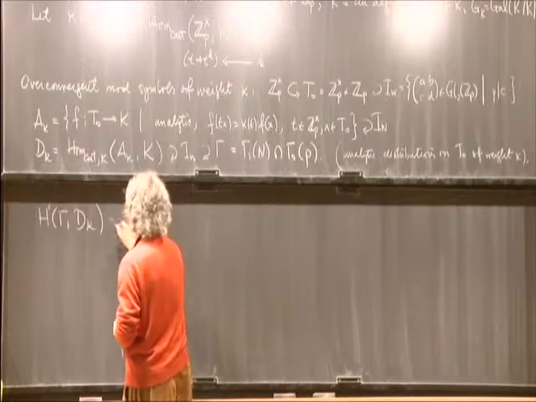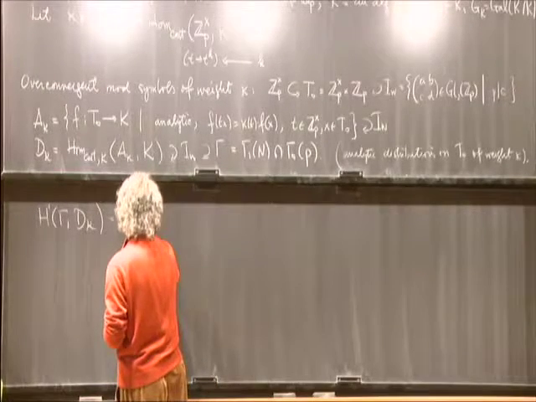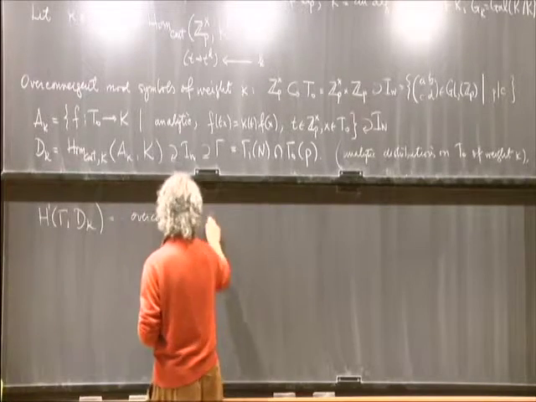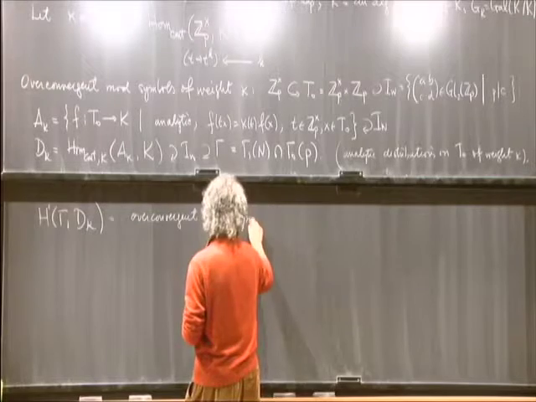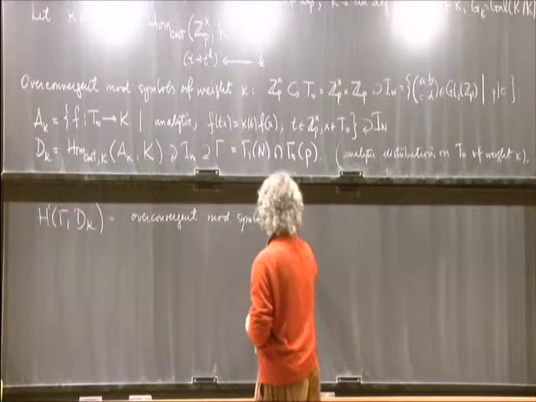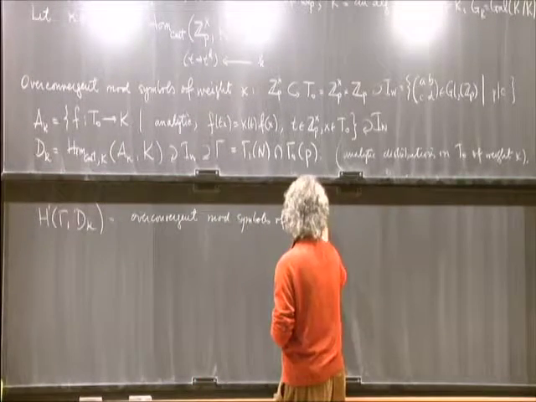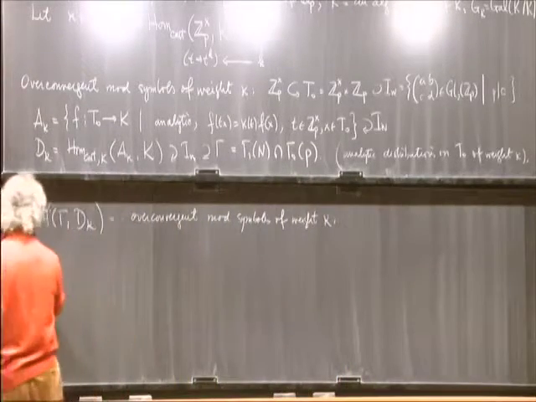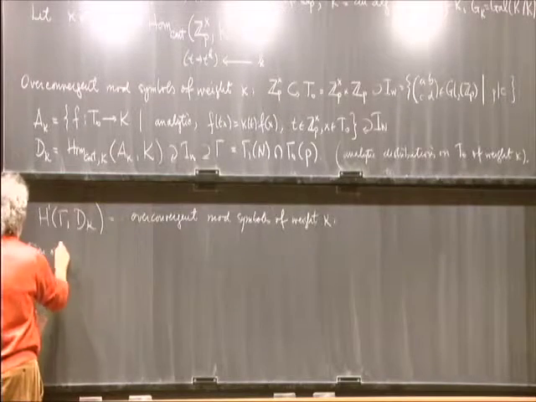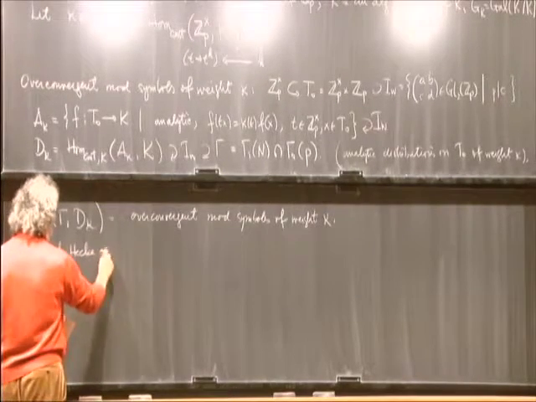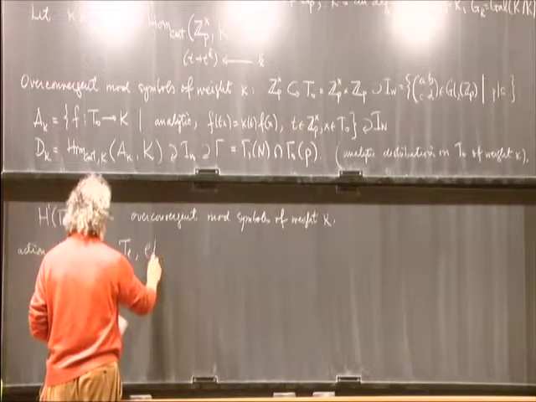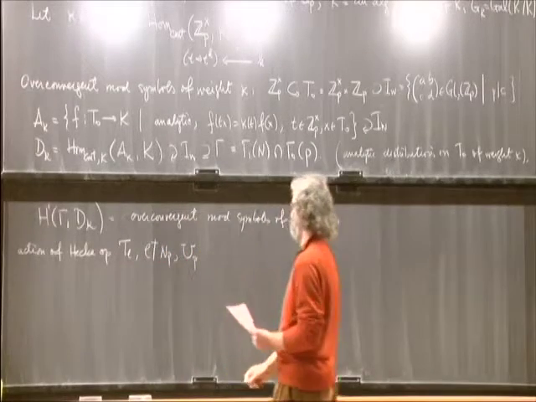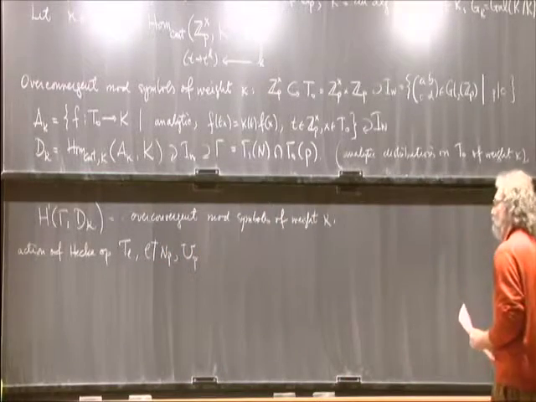So let's call this overconvergent modular symbols of weight kappa. This space has a natural action of Hecke operators T_l for l not dividing Np and of U_p. The U_p operator acts completely continuously.